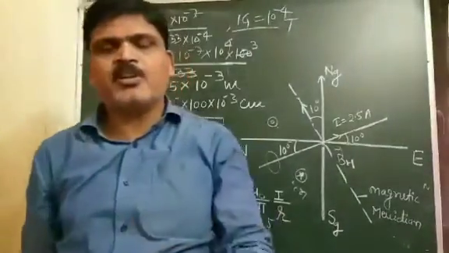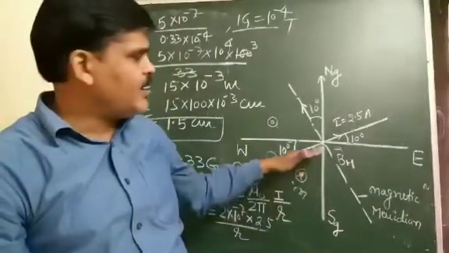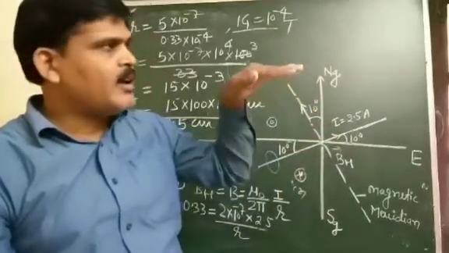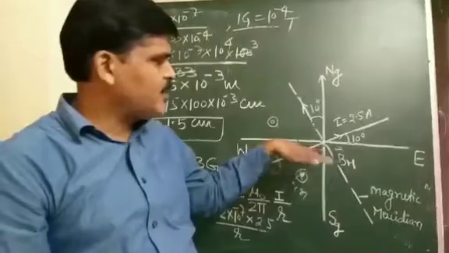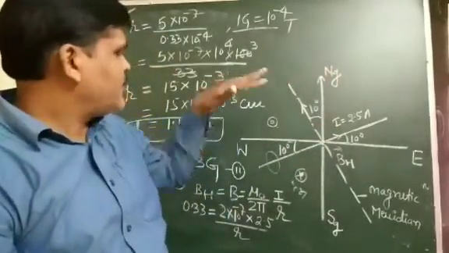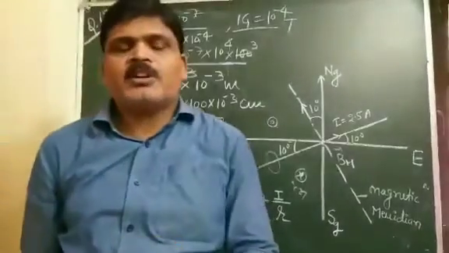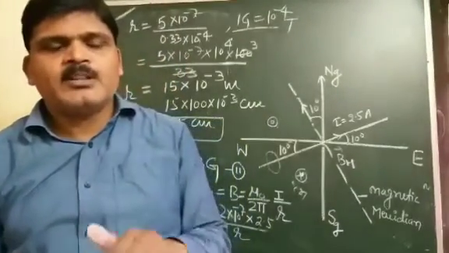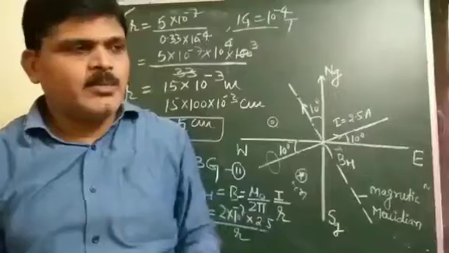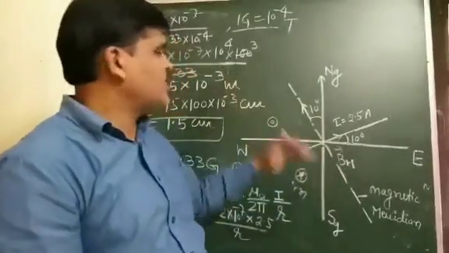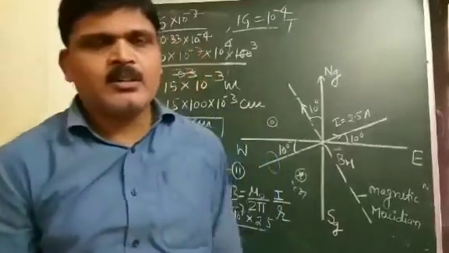So the neutral point is obtained at a point parallel to the cable and just above it, 1.5 centimeter above the cable, where the horizontal BH and B are equal, and this is the answer of this question.